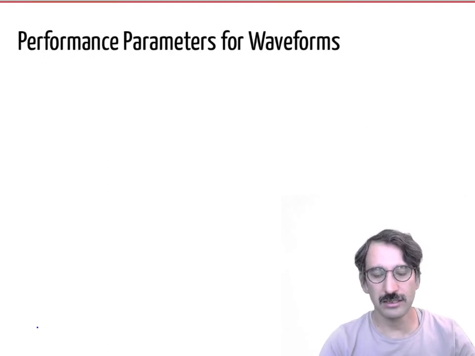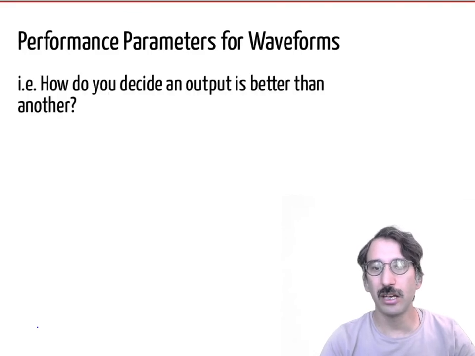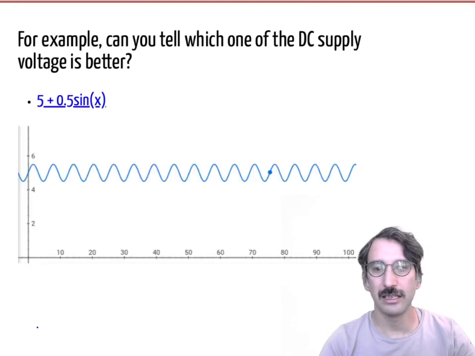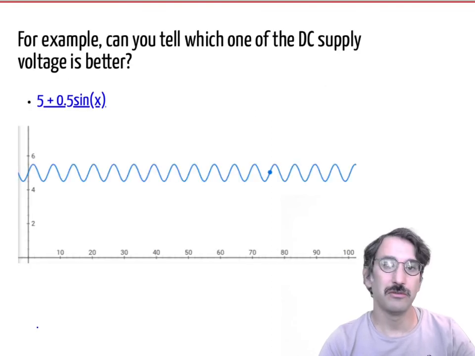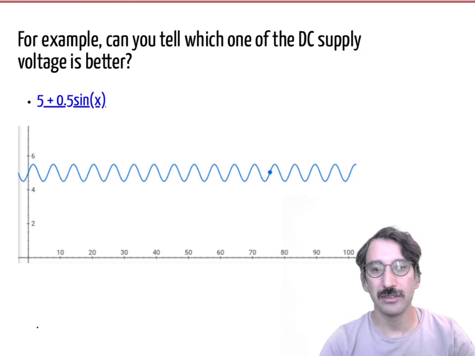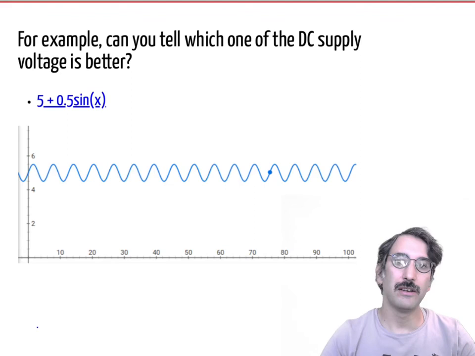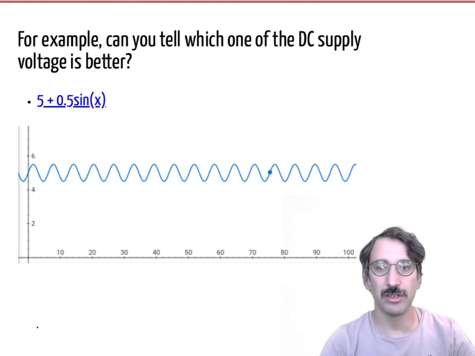So let's look at some performance parameters for waveforms. How do you decide an output is better than another? Let's say you have two waveforms. One of them has a DC component of 5 volts, and on top of that a sinusoidal component 0.5 sin x.